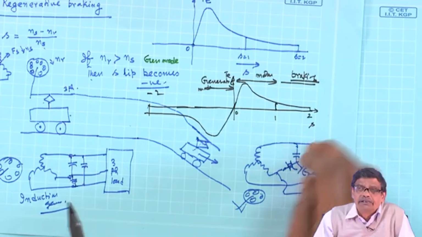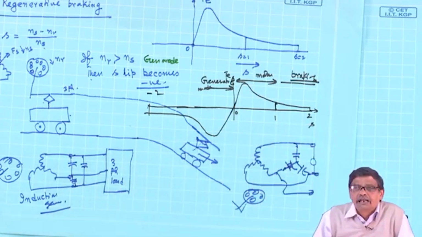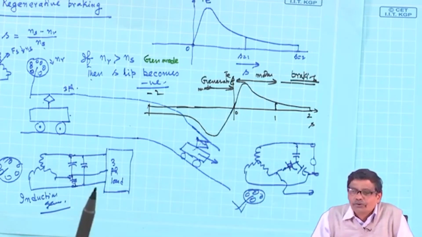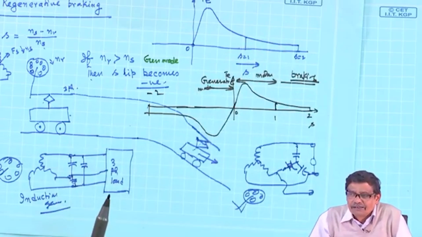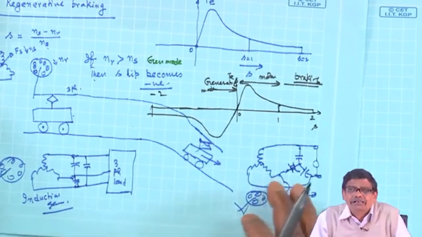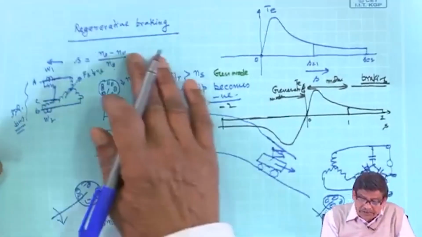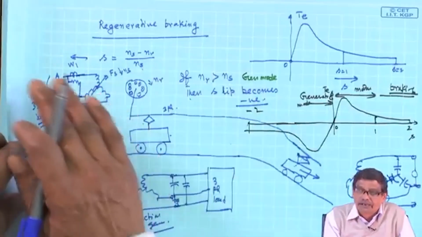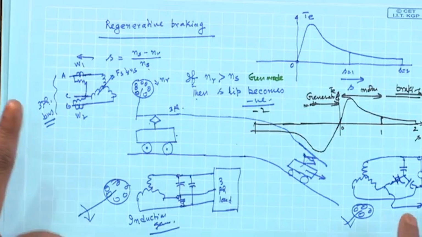And when the machine operates in isolation, there is no question of calling it a synchronous speed. Bus frequency decides that. But just remember at least this much, that to create regenerative braking, the machine must be connected to the bus, and there is a definite synchronous speed.